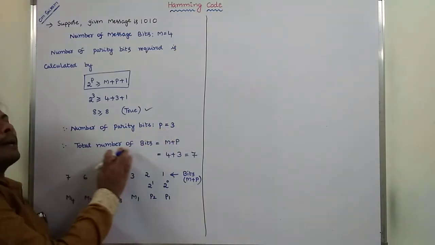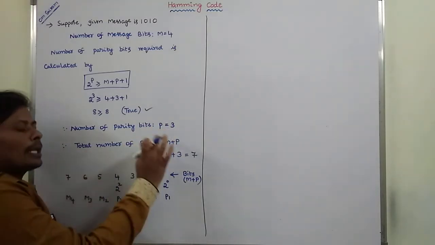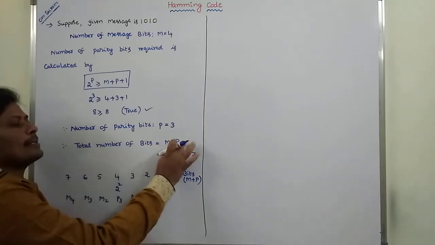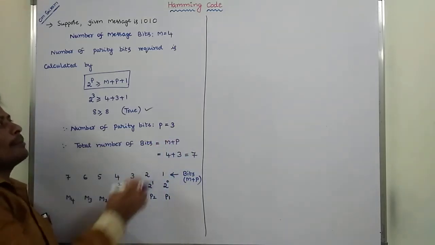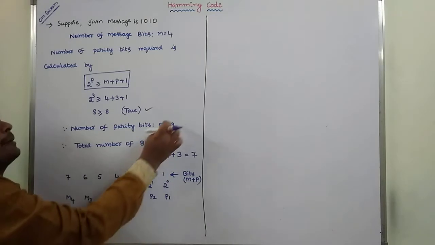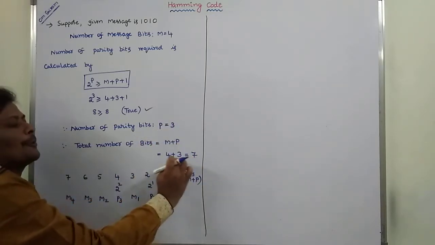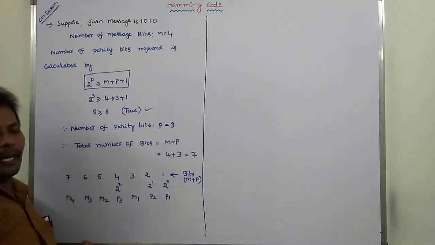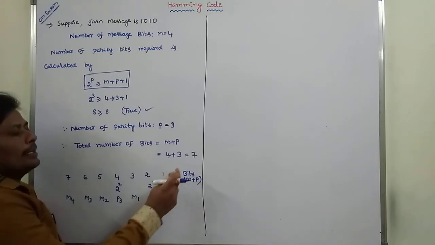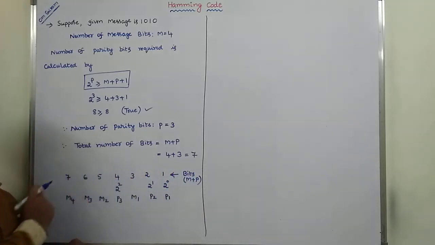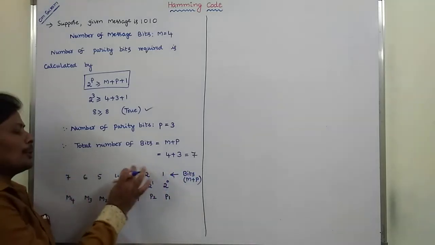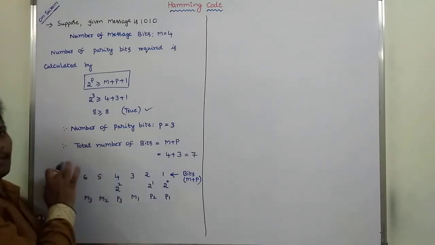Next, the total number of bits is the number of message bits plus the number of parity bits. Message bits is 4 and parity bits is 3, so 4 plus 3 is 7. These 7 bits can be represented as positions 1, 2, 3, 4, 5, 6, 7.